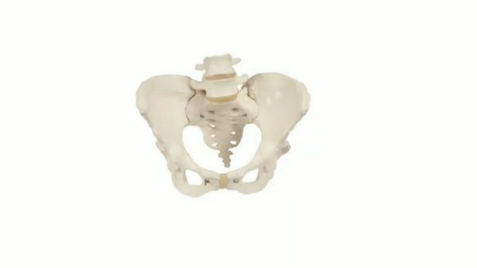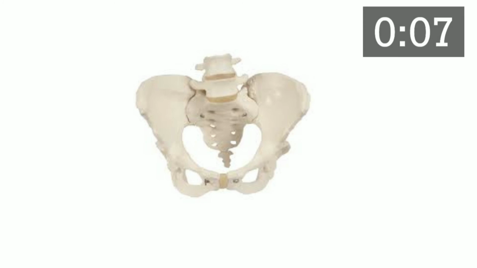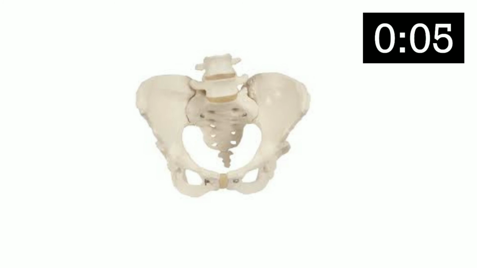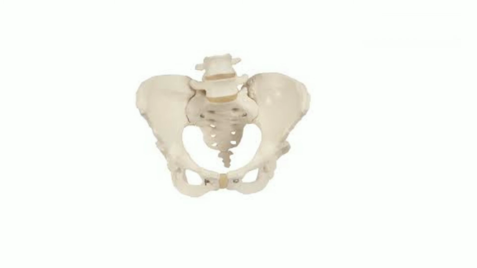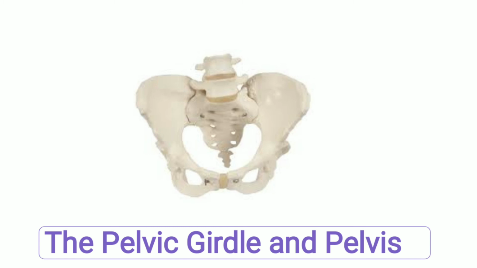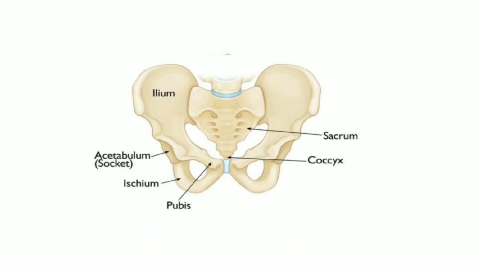Now, yes students, what is this? You can think. You just have to tell the name of this entire structure. Time is up. The correct answer is the pelvic girdle and pelvis. Studying it in more detail, these bones can be further categorized.